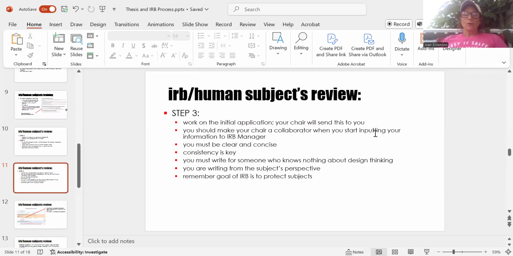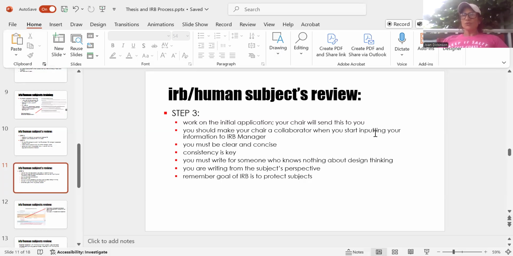Okay. Probably one of the biggest pointers that I can give you here is when you are writing your IRB application, you are writing this, again, I cannot emphasize this enough, for somebody who knows nothing about your project and who knows nothing about design thinking.